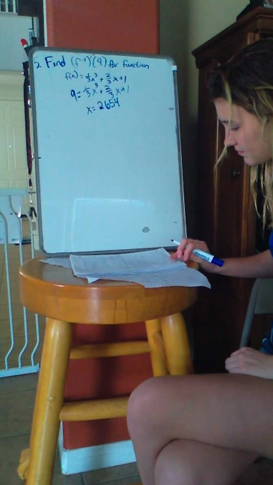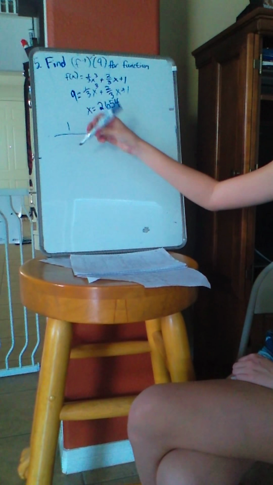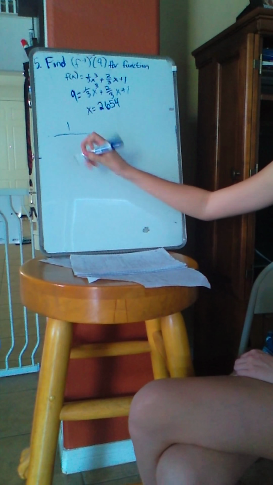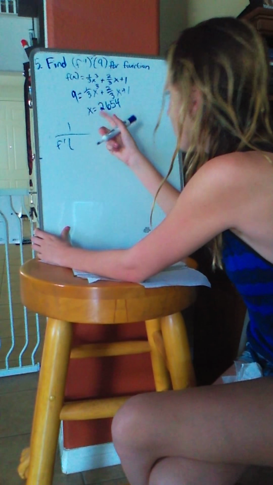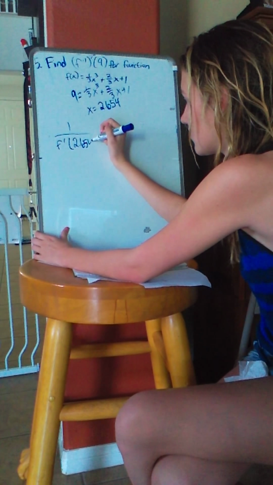And so, once you get that, you're going to use the equation for the derivative of the inverse of f, which is this. And then you're going to plug this in here for x.